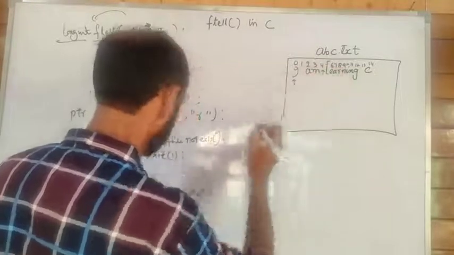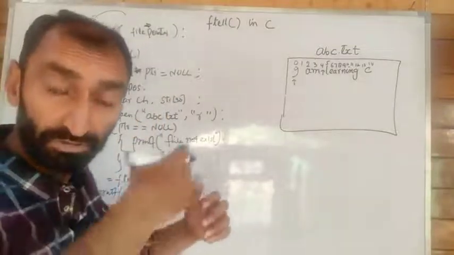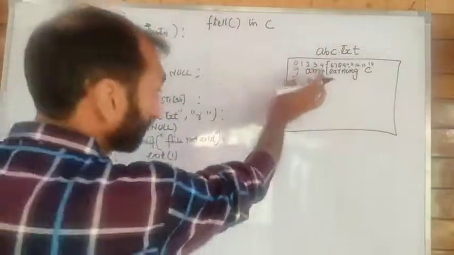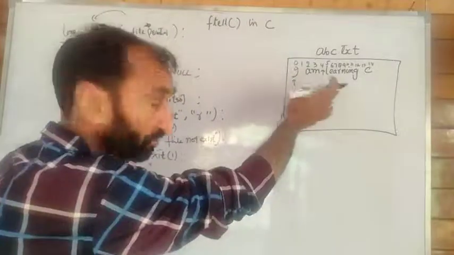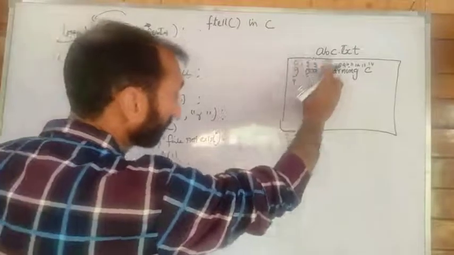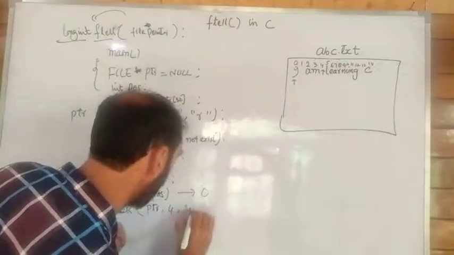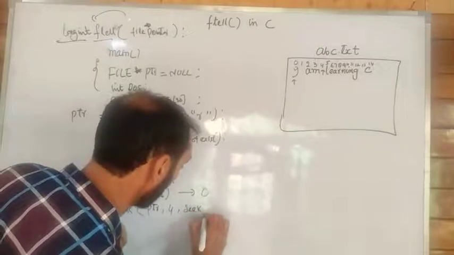And from which location? We want to move the file pointer 4 bytes forward from the beginning. So for that we have the function SEEK underscore SET.